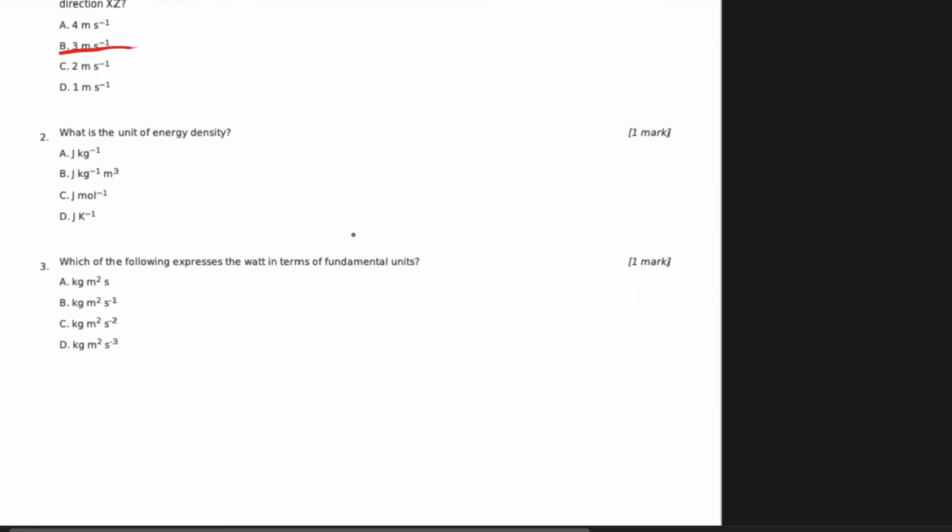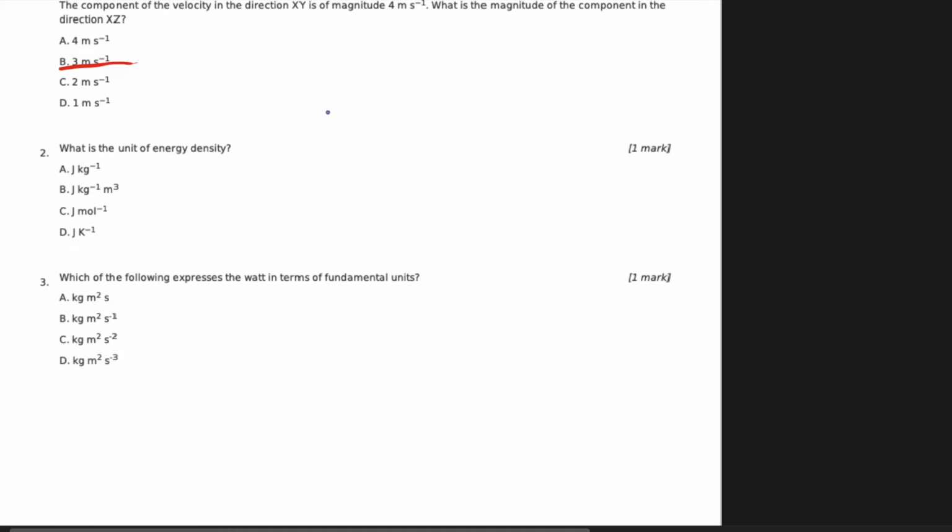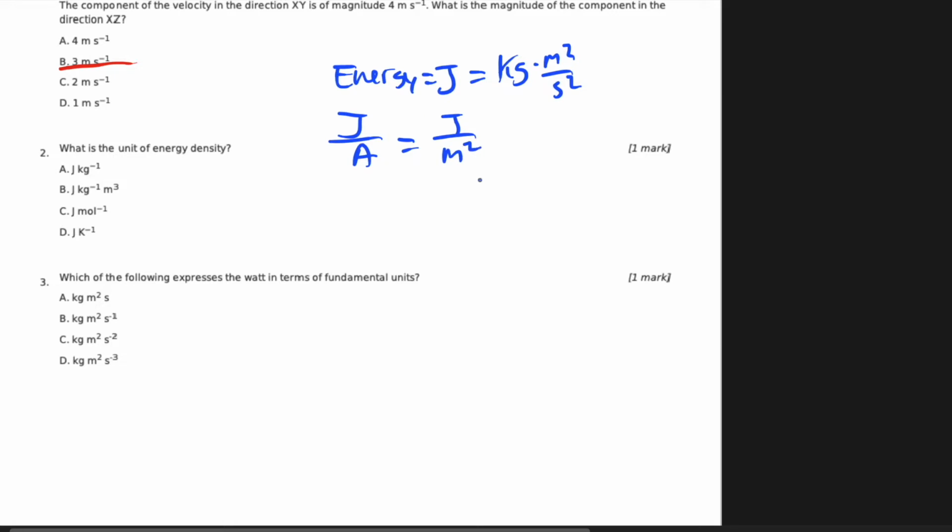What is the unit of energy density? So we know energy has a unit of joule, which is equal to kilogram times meter squared over second squared. So energy density can be equal to joule over area, which is joule over meter squared, or it can be equal to joule over mass, so joule over kilogram, or it can be equal to joule over volume.